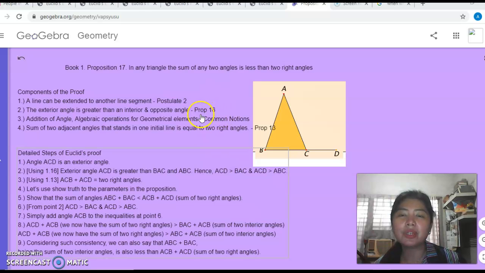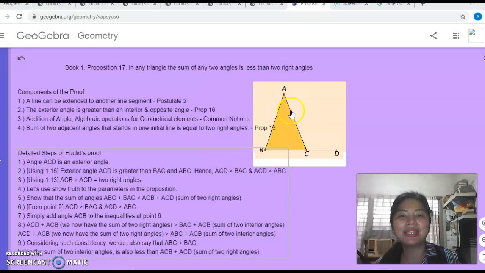So we have Proposition 16. It states that the exterior angle is greater than either interior and opposite angle. So we have the exterior angle ACD here. It's greater than the interior and opposite angles. We have angle BAC here, interior opposite, and we also have angle ABC here, another interior opposite.